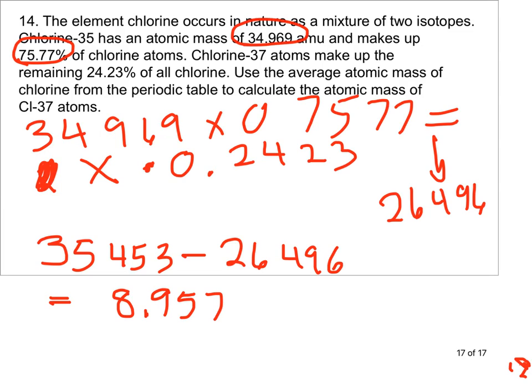So that's what this one has to equal, 8.957.